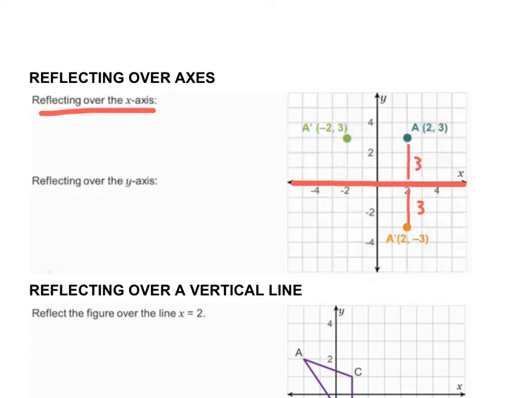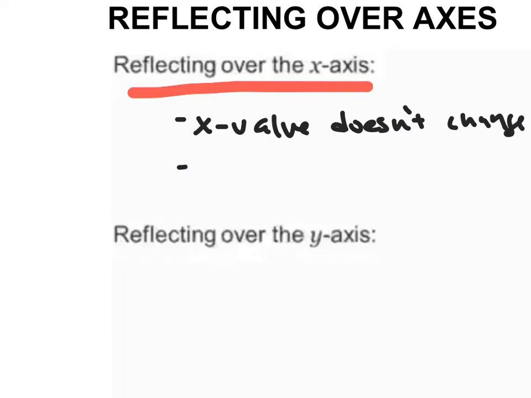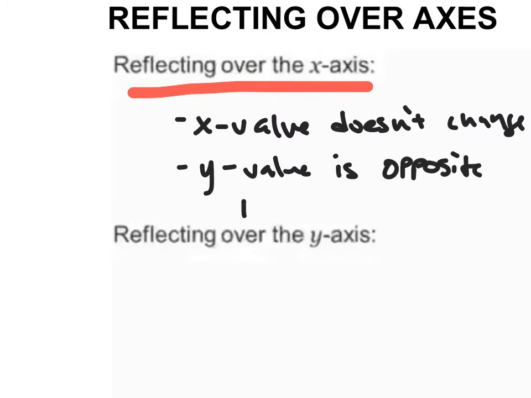It's the y value that changes, and the y value is the opposite. So when we reflect over the x-axis, let's write down that the x value doesn't change, and the y value is the opposite, okay? And we create a rule here.